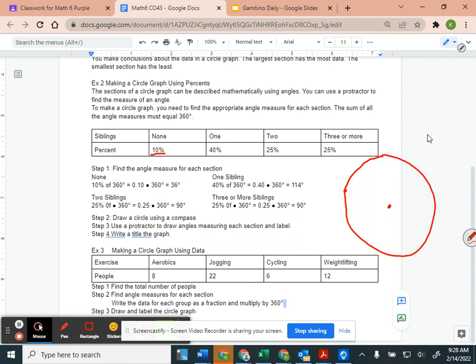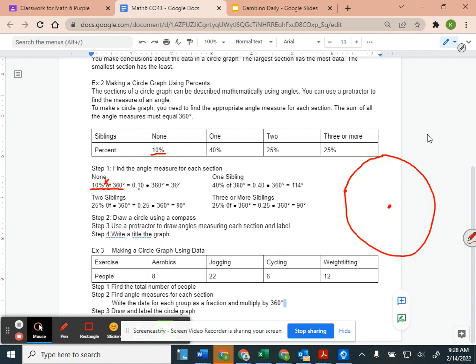10% is not equivalent to 10 degrees because 10% is out of 100. Degrees is out of 360. So that was a good guess. But if I want 10% of 360, what does the word of mean, Brielle? Multiply. So I want to multiply 360 degrees by 10%. 10% as a decimal is 0.1.